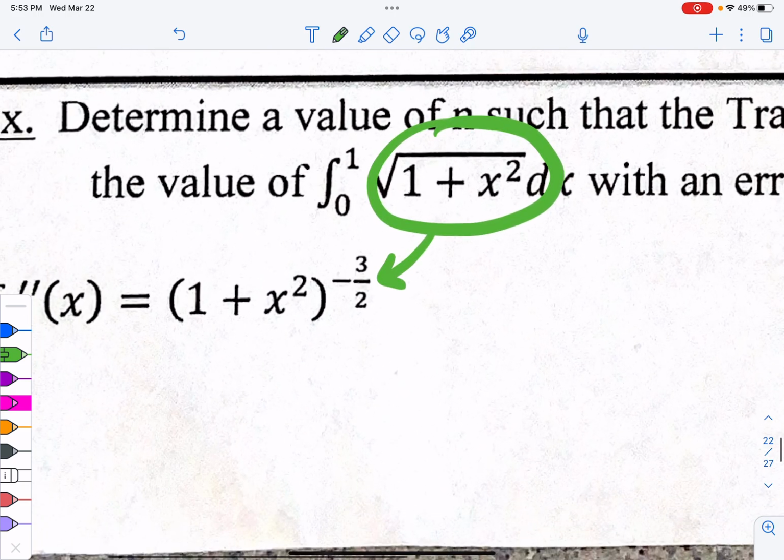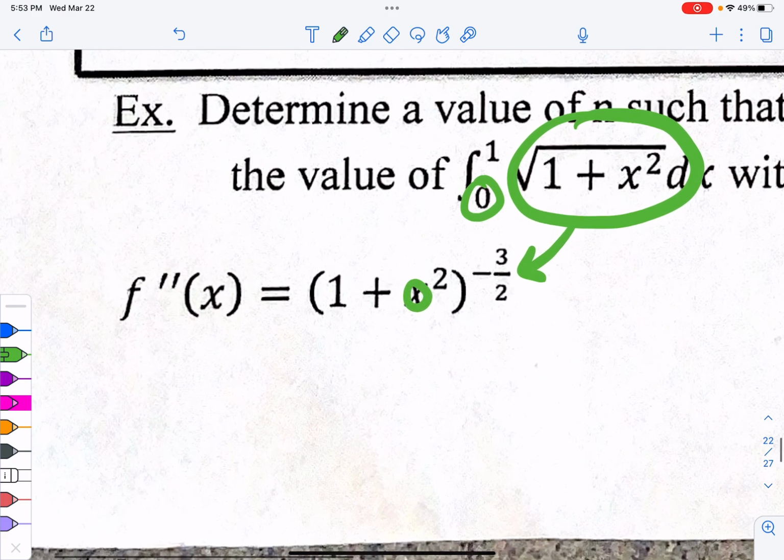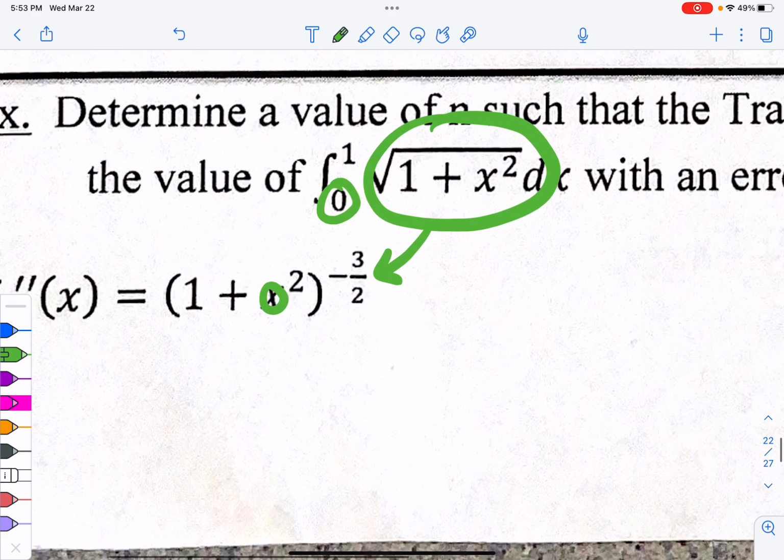If I plug in A, which is 0, into the second derivative, they gave me the second derivative, this would be 1 to the negative 3 over 2 power, right? Whatever that is, 1 to any power is just going to be 1. So that's what I get when I plug in A, okay?